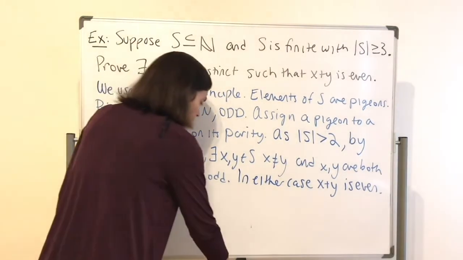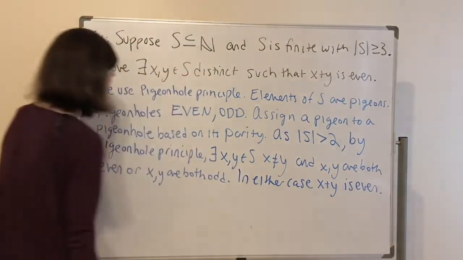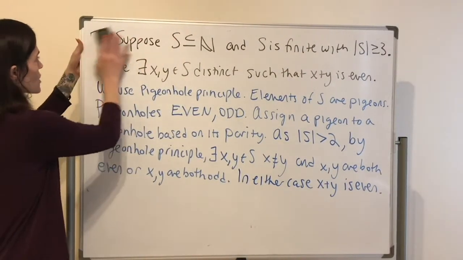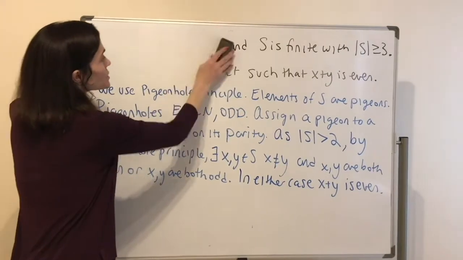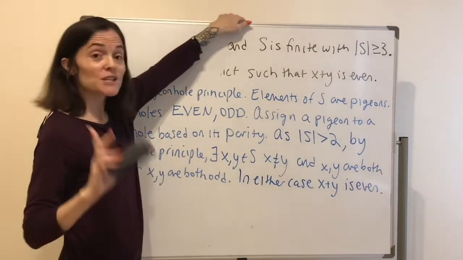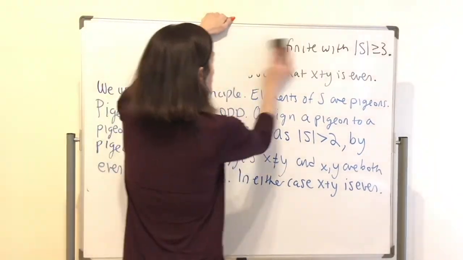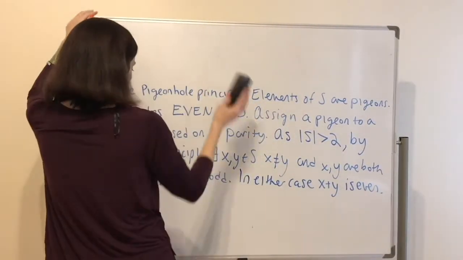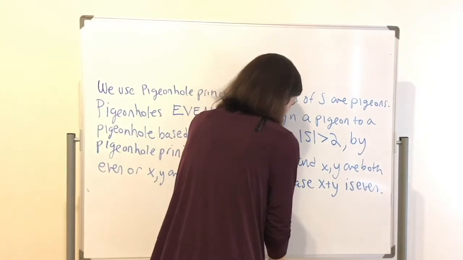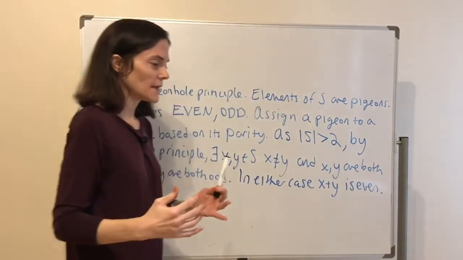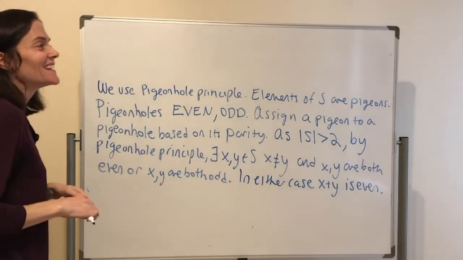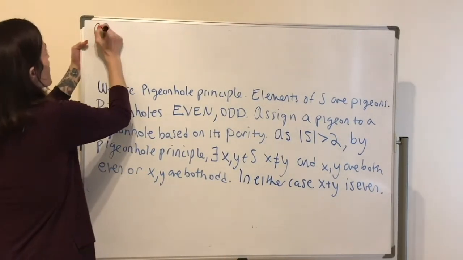Well, what I'd like to do now, and I'd like to use the whole board, so I will start back up here, is state a generalized pigeonhole principle and prove it. And we will in fact be proving the pigeonhole principle I already stated by proving this more general one.